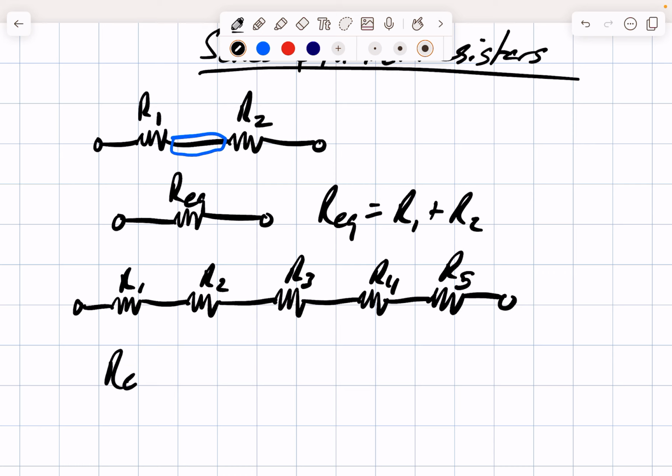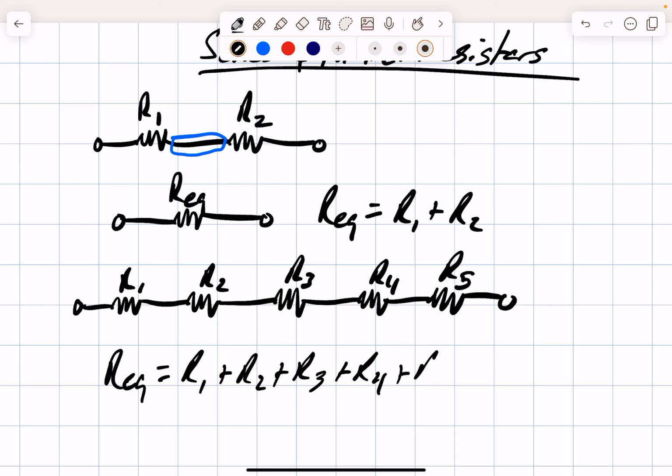So our equivalent resistance here would simply just be all of them added together. Okay, so this is series.